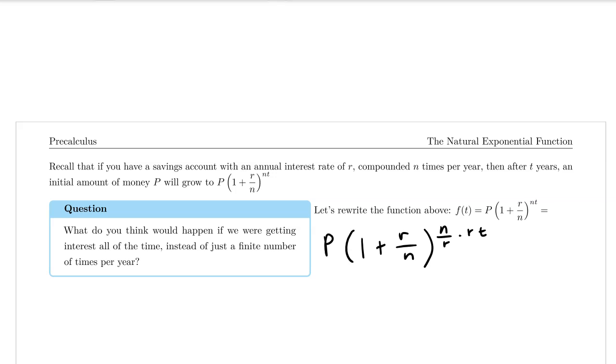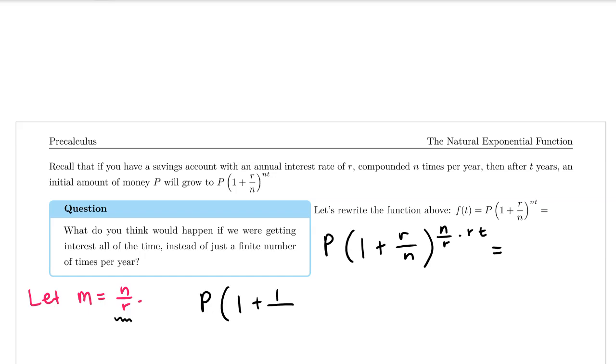Now I'm going to do something kind of interesting. I'm going to say let m equal n over r. I'm going to make a substitution inside of my equation, and I'm going to say that this thing is equal to P times 1 plus... Notice that I've defined m to be n over r, and here we have r over n, so that is the reciprocal of m.